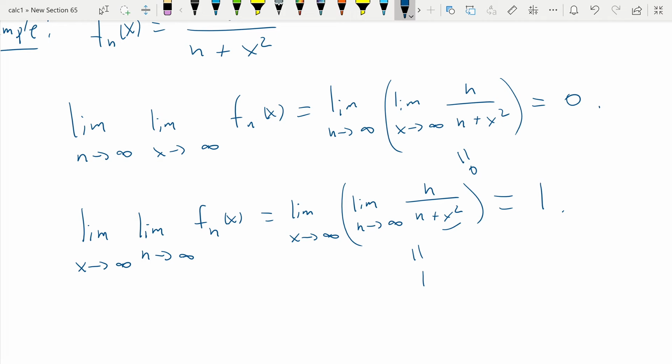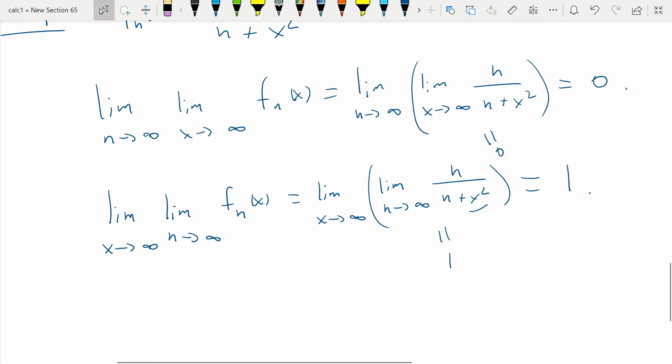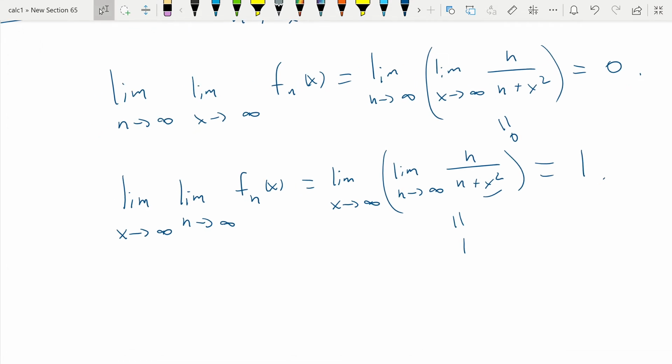So the n you have to pick depends on x. And here the x you need to pick to make this quotient smaller than epsilon depends on n. And that dependence is what's problematic. This is what doesn't allow you to say that the convergence is uniform, and ultimately that's what prevents you from interchanging the limits.